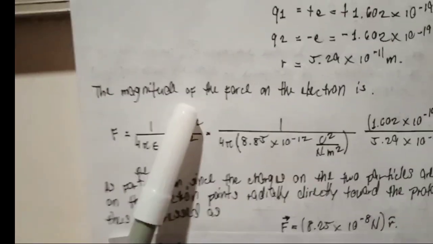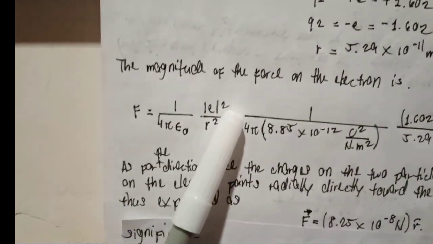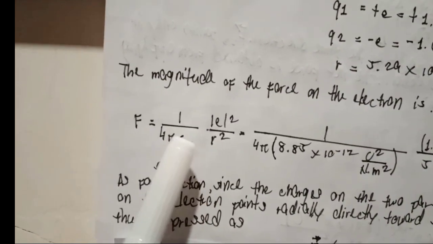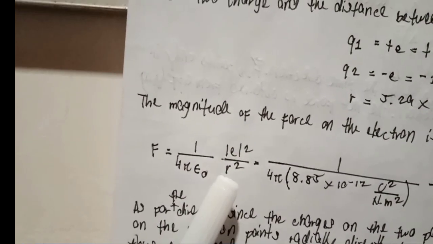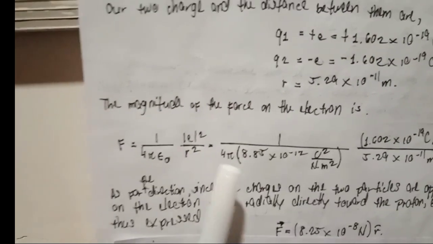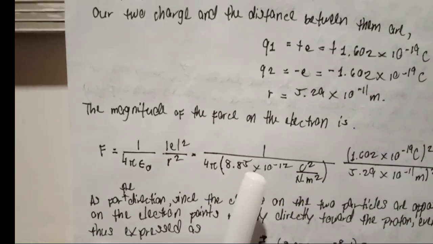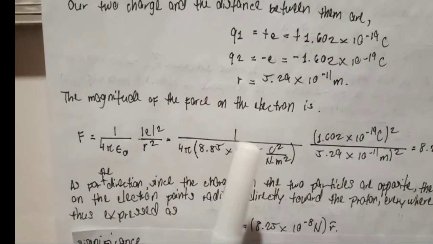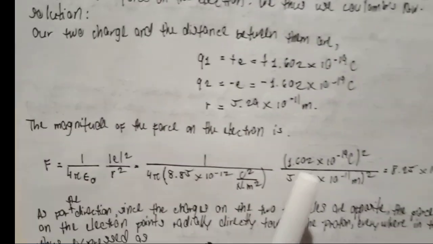The magnitude of the force on the electron is F equals 1 over 4 pi epsilon sub 0 times absolute value of e squared over r squared, where 1 over 4 pi epsilon sub 0 is equal to 8.85 times 10 raised to the power of negative 12 C squared over newton meter squared.